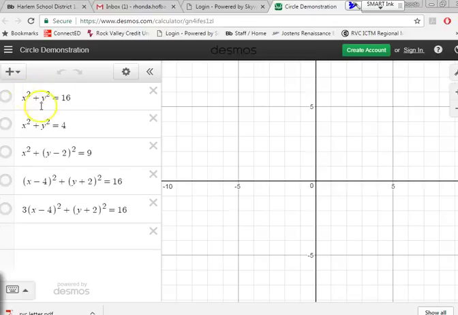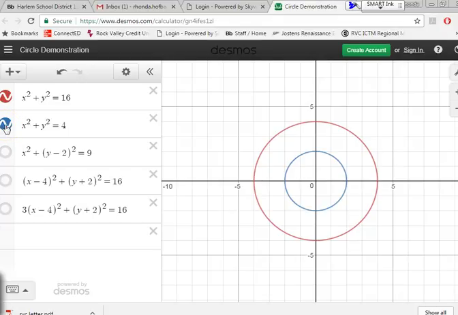I want you to predict what this, I'll move this over a little bit. Okay, predict what this first equation is going to look like. Center at (0, 0), radius of 4. Okay, so there's center at (0, 0), radius of 4. What's the difference with this next equation? Okay, so it's going to be at the same spot, but smaller. There you go. What do you think about this? Be careful. Think hard before you say anything.